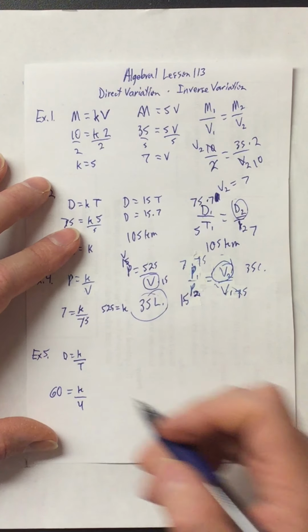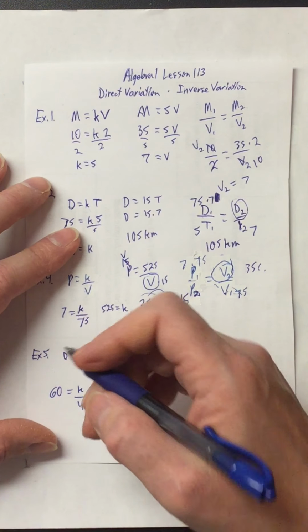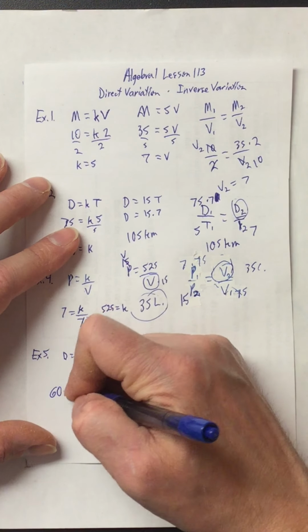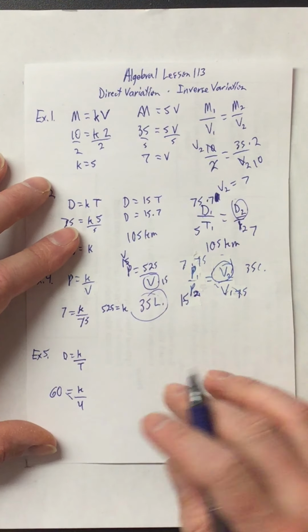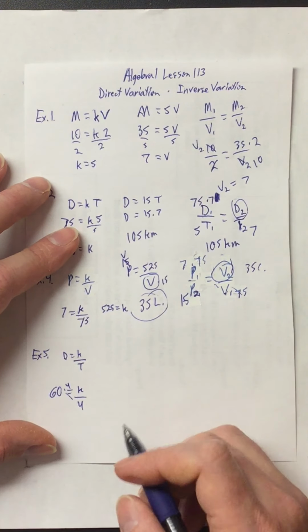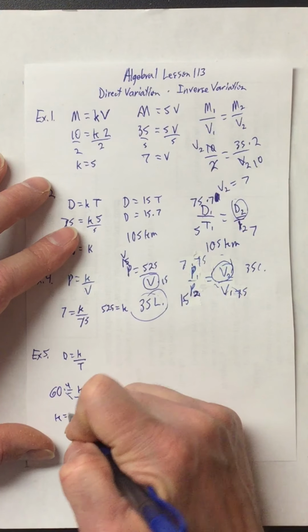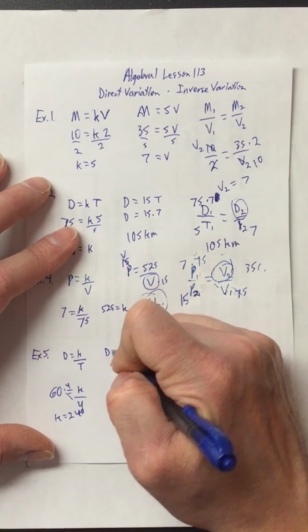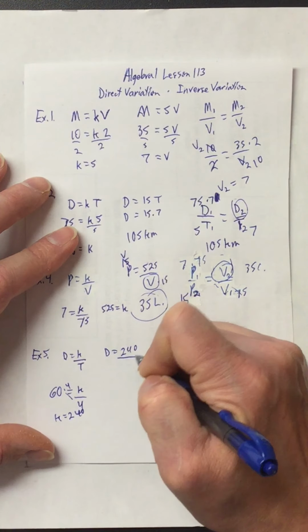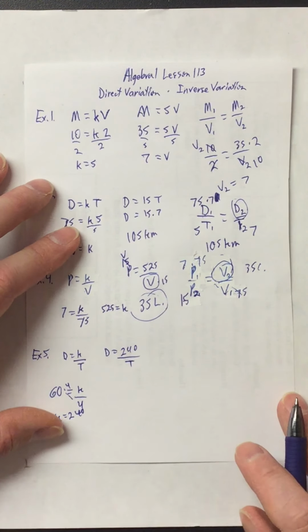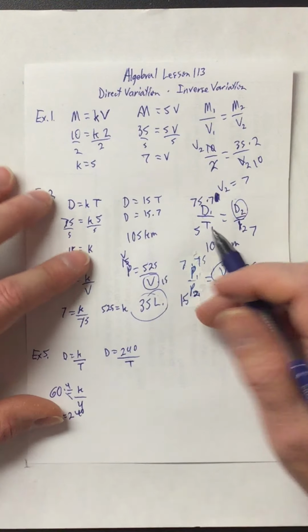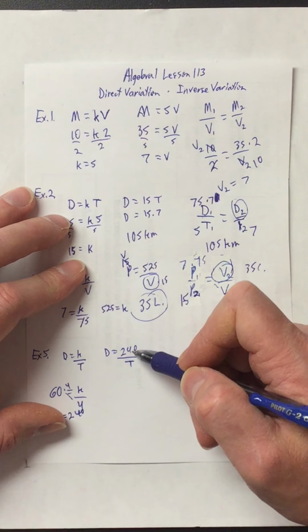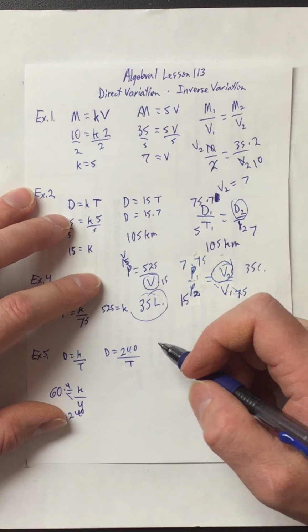So we multiply our 60 times 4 and we get a constant of 240. If we put that back in, distance equals 240 divided by our time. We now have our constant there, and it's inversely proportional, so you see the fraction.